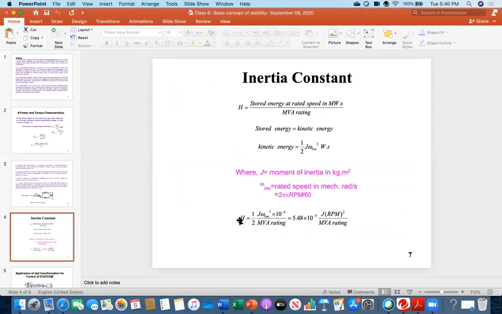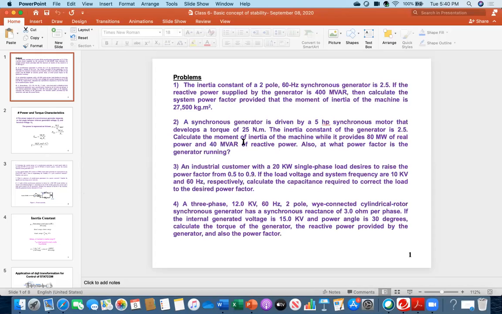So you see H is given, RPM you are getting from that omega, and the MVA rating you will be getting with the help of these two: the machine providing 80 megawatt of real power and 40 megawatt of reactive power. By using these two powers, you will get the apparent power.